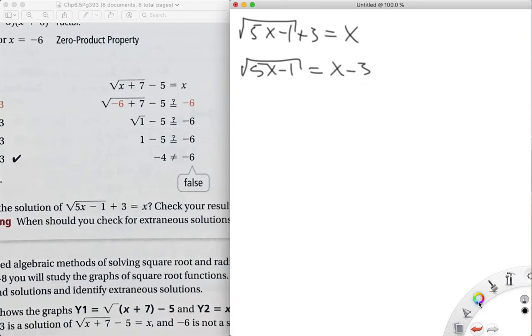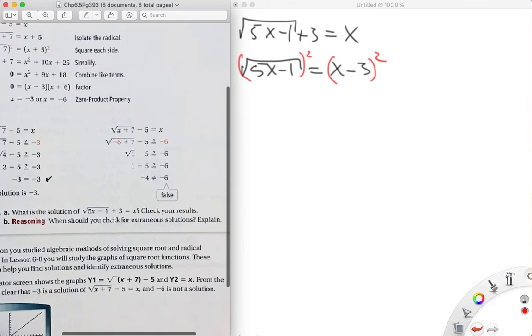Then I'm going to square. I'm going to square the whole entire expression on each side, not individually.